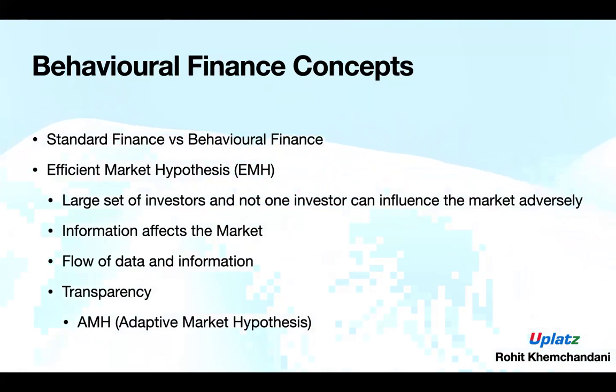stocks always trade at their fair value on exchanges, making it impossible for investors to purchase undervalued stocks or sell stocks at inflated prices. Therefore, it should be impossible to outperform the overall market through expert stock selection or market timing.